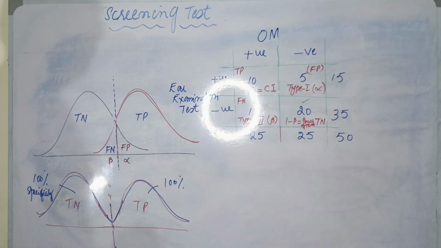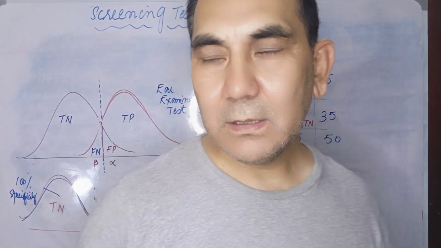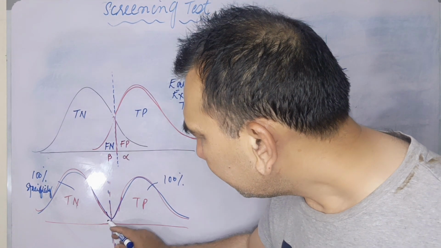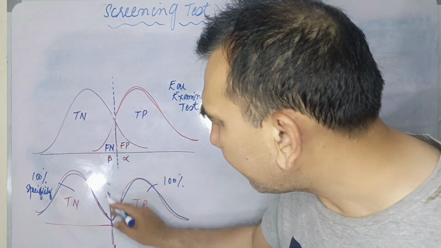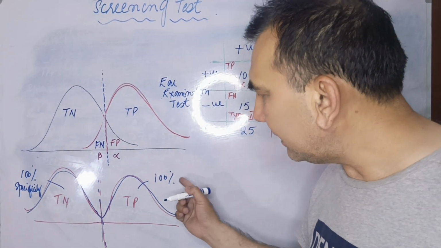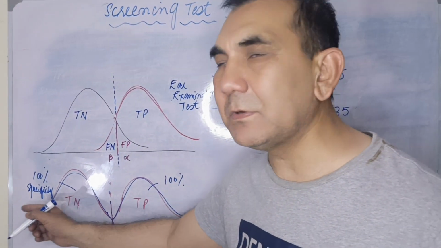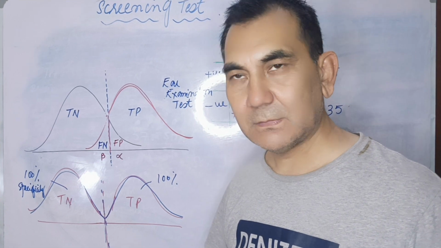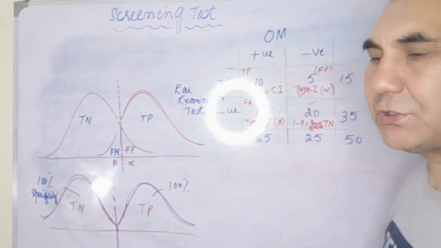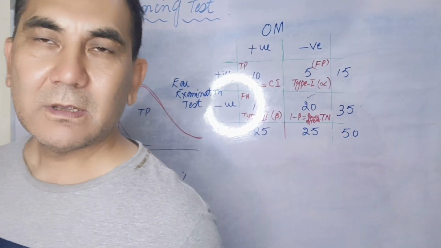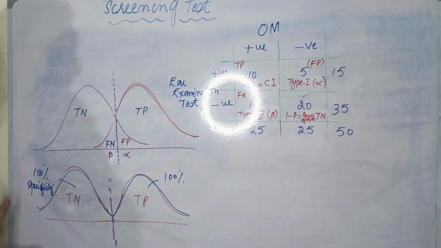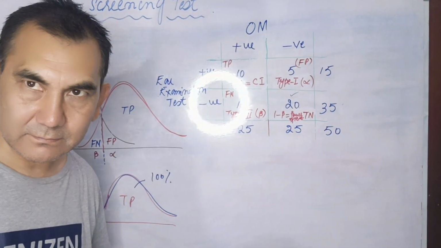Okay, if in any test the cutoff value is such that the false positive and false negative come to 0, it means the sensitivity and the specificity are 100%. Either it is 100% correctly identifying the population who have the disease, or it is 100% identifying those people who do not have the disease.